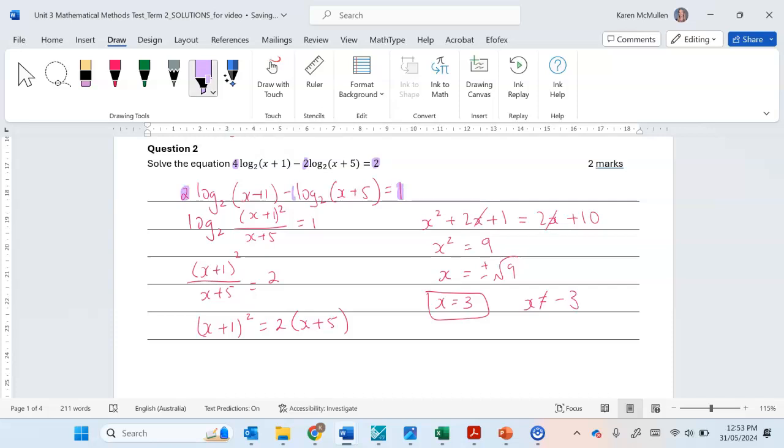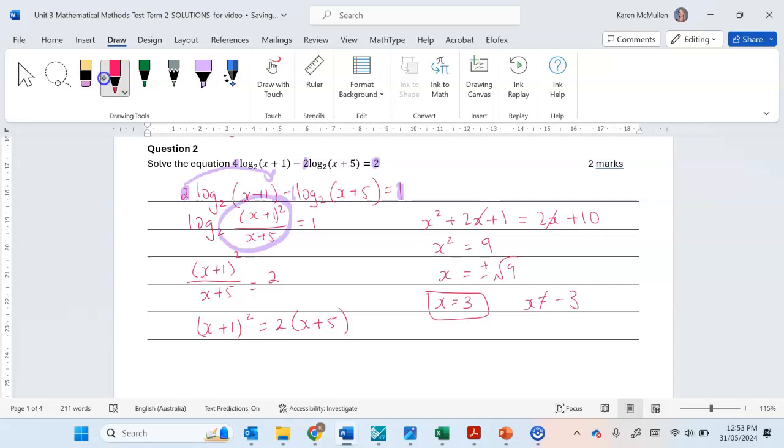When we're subtracting the same logs, we use our log laws, so we're going to divide. You've got x plus 1 over x plus 5, and this 2 just becomes a power. All right, so we end up with this.